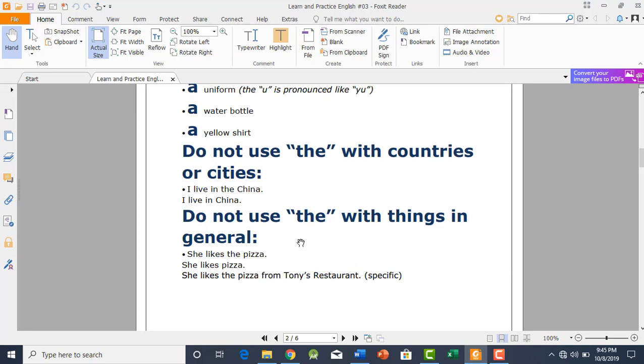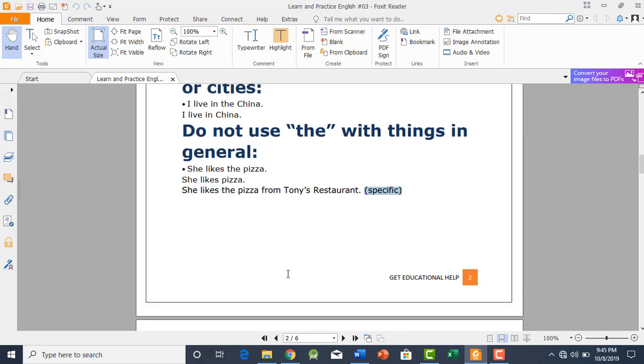She likes pizza is correct. But when we have a situation like she likes the pizza from Tony's restaurant, this becomes specific, because she likes a pizza which is made in Tony's restaurant. Now we have to use the because the sentence is very specific.